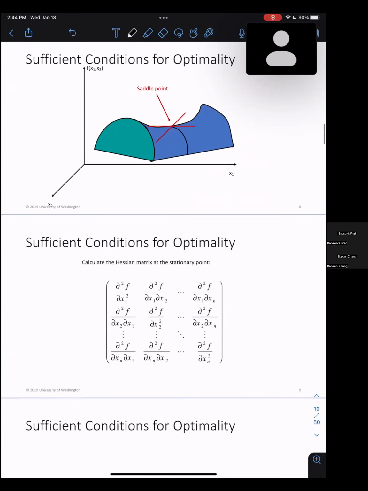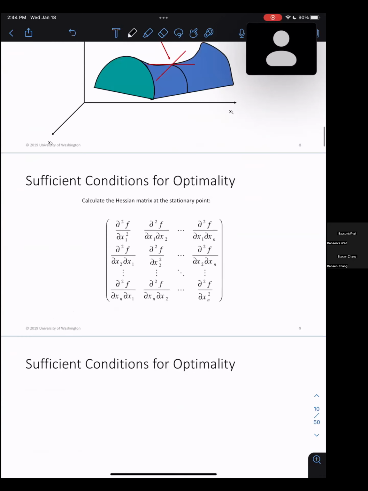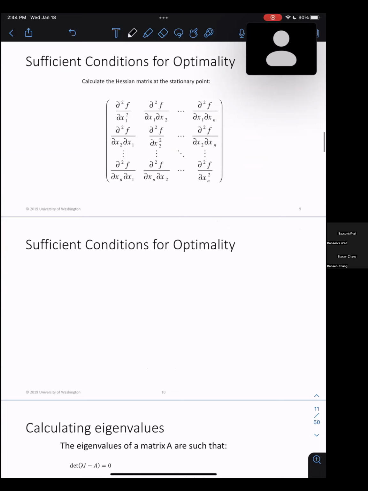So the sufficient condition is you compute the Hessian, and then you look at the eigenvalues of the Hessian and so on. Okay, so you can compute the eigenvalues of the Hessian. One thing you have to keep in mind is, is it easy or hard to compute eigenvalues of a large matrix?